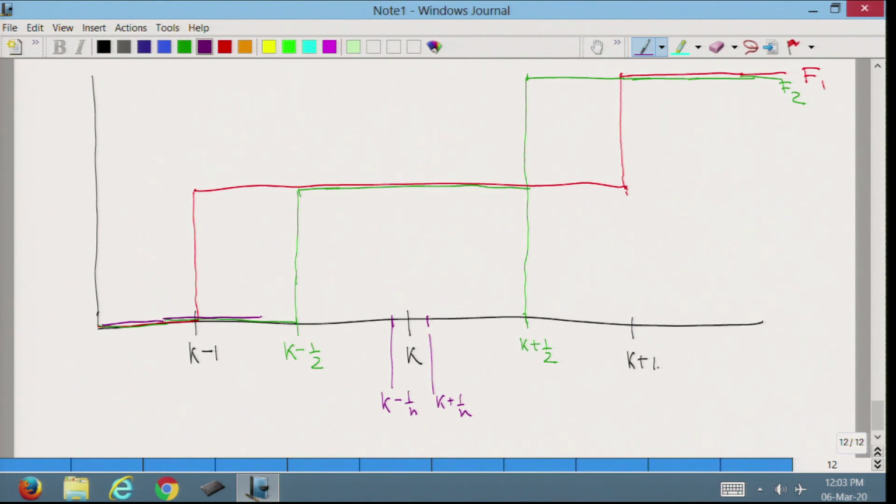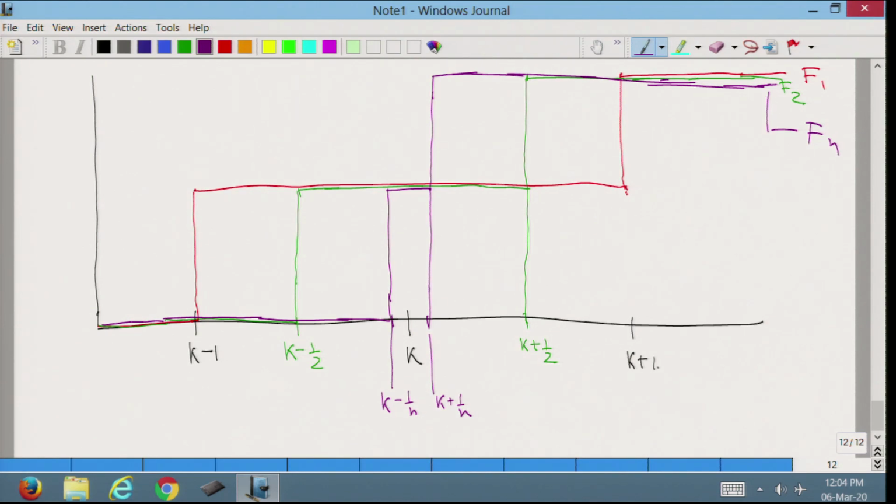It is 0 till k minus 1 upon n, half at k minus 1 upon n. It will continue like this till the point k plus 1 upon n, then it will make a jump to 1 and continue at 1 throughout.